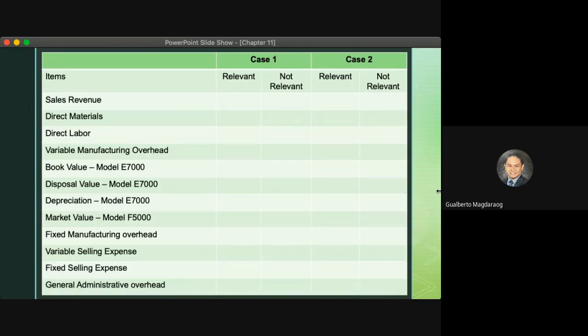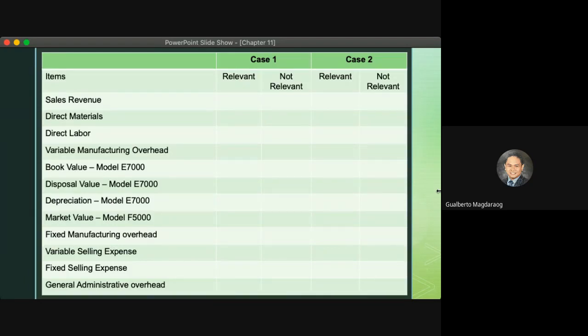The old model E7000 machine will continue to be used to capacity as before, with the new model F5000 being used to expand production. The increase in volume will be large enough to require increase in fixed selling expense and in general administrative overhead, but not in the general fixed manufacturing overhead.